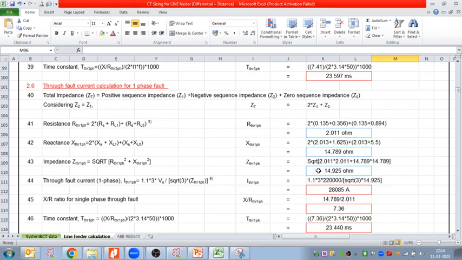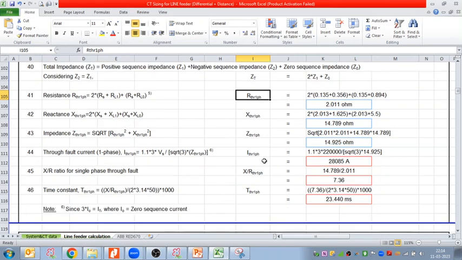Now coming to the single phase fault, again the source resistance we are calculating, but in this case we are using the zero sequence value. If you see this fault current value, it is coming to 28.085.